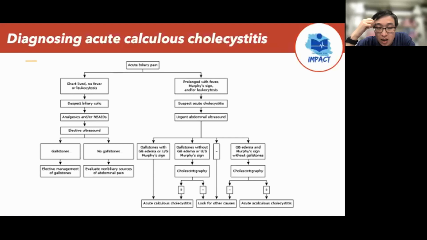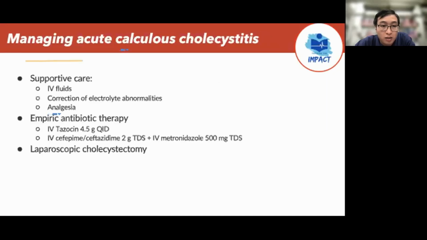It means that there's an obstruction at the level of the cystic duct. So in our patient, an ultrasound abdomen showed common bile duct dilatation, which suggests concurrent choledocholithiasis. In patients in whom we suspect concurrent choledocholithiasis, the best scan for that is an MRCP. And indeed, we did find concurrent choledocholithiasis in that patient.